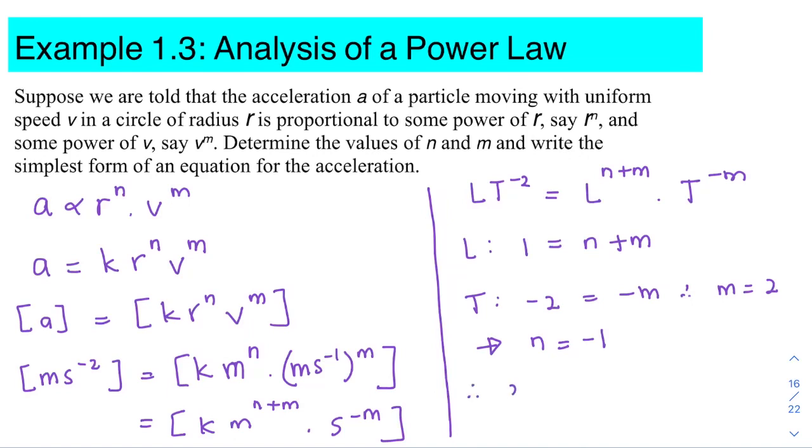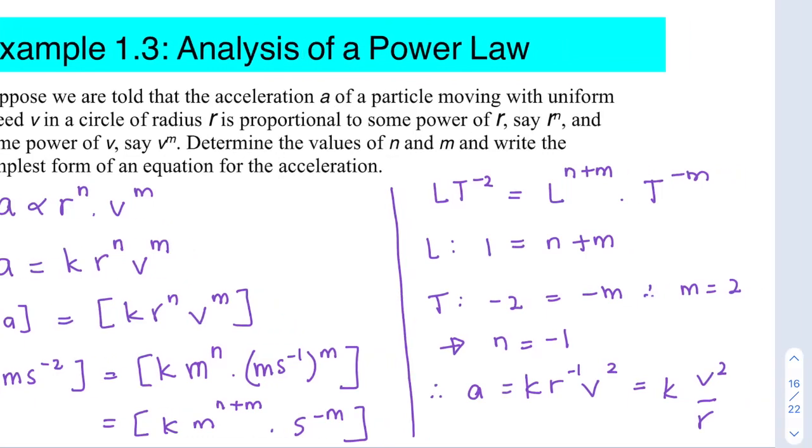Then you're going to have a equivalent to k, r power -1, v power 2. Or the simplest form it can be is k v squared over r. Alright.